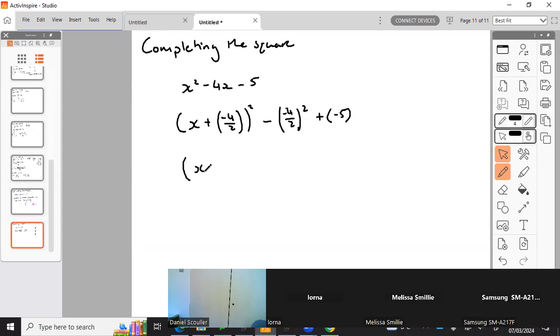So that would be -2, take away negative squared before. Okay, so that's completing the square of that trinomial.